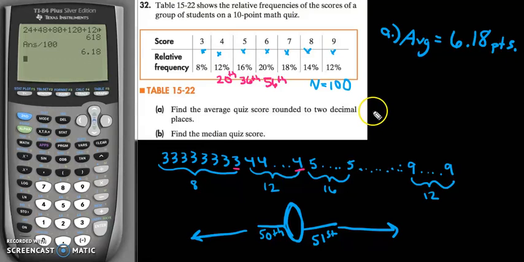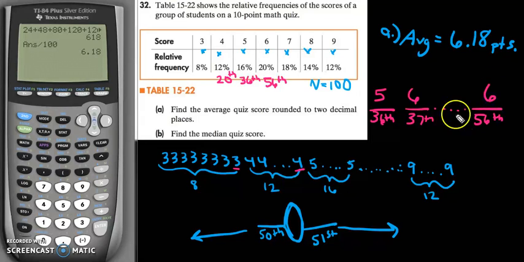Okay, so let's stop and think about that for a second. That means the 36th number is a 5, and then the 37th number is a 6, all the way up to 20 people got that same score, so all the way up to the 56th number is still a 6. What we cared about is what's halfway in between the 50th and 51st number.